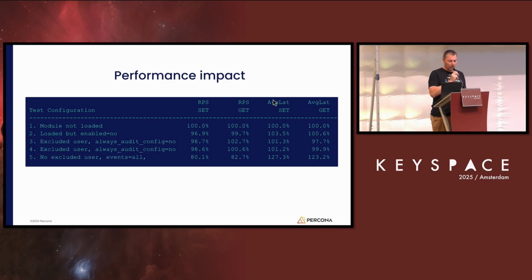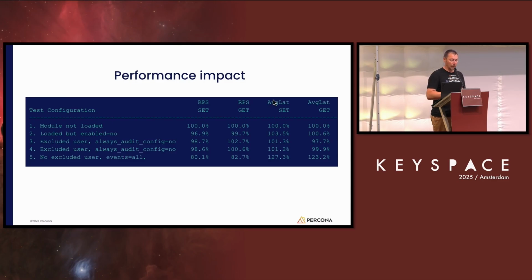But then we can see that with excluding a user, it's not bad in terms of performance loss. So if you are happy with normal application operations and you want to exclude that application user and just log or audit things from non-standard application usage, then you don't pay too much of a penalty.